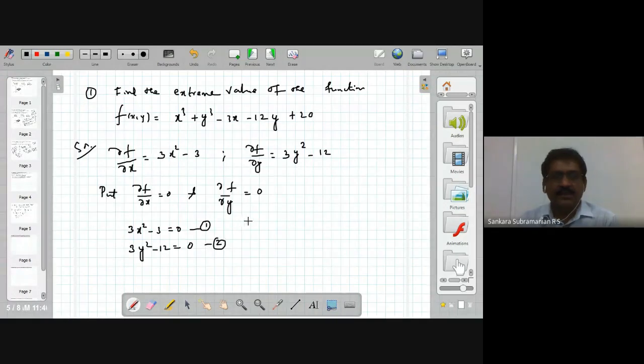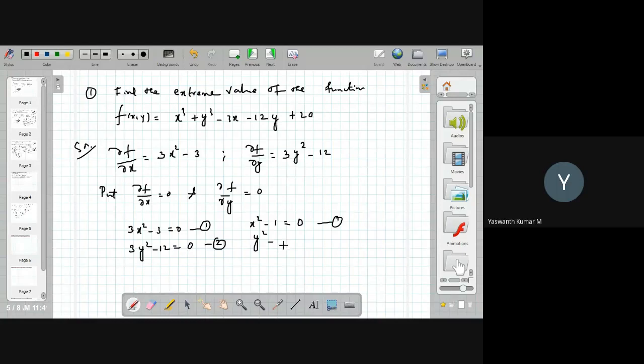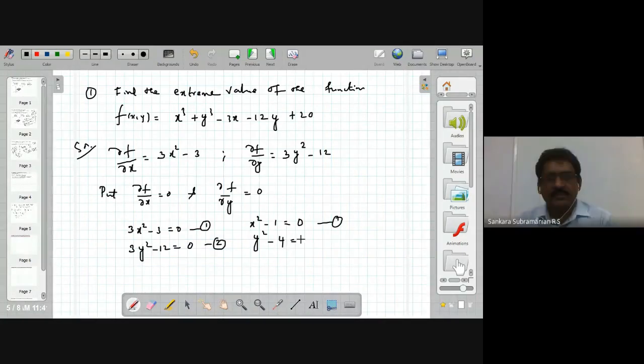So if you divide it by 3, you get x square minus 1 equal to 0. The second equation is y square minus 4 equal to 0.